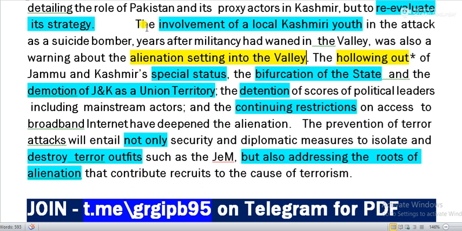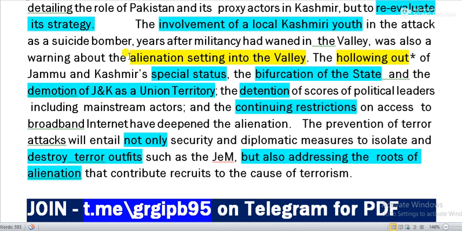It says that terrorism was silent for quite some time in the valley, but the fact that a Kashmiri youth got involved as a suicide bomber in this case is proof that Kashmiris are getting alienated from the mainstream of life in the Jammu and Kashmir state.